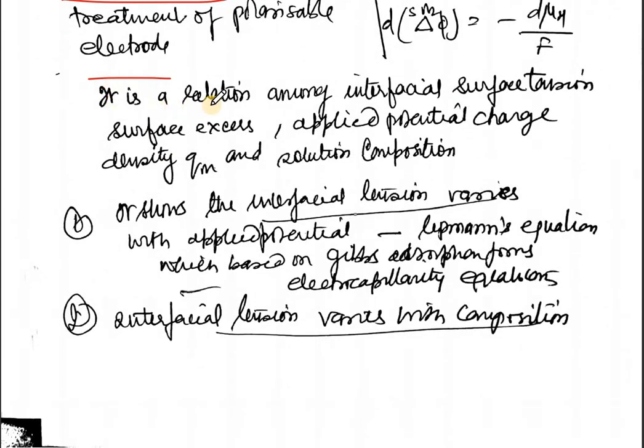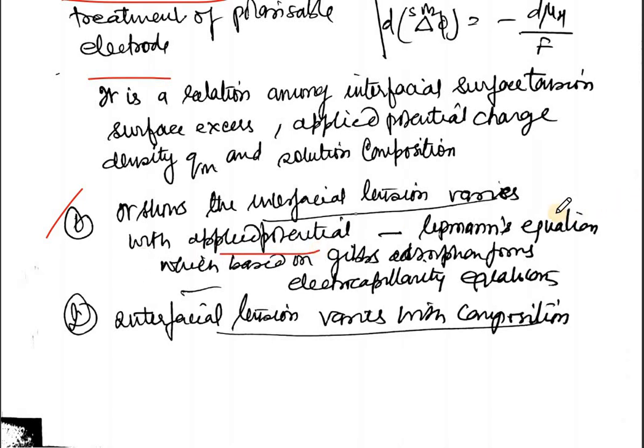So it is a relation among interfacial surface tension, surface excess, applied potential, charge density, and the solution composition. This shows the interfacial tension variation with the applied potential, which we call Lippmann's equation.